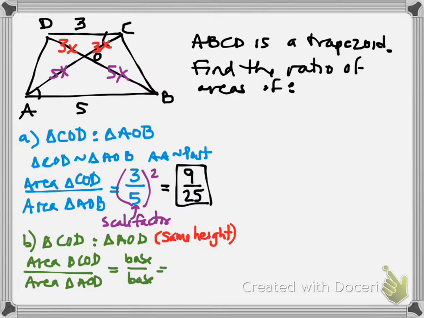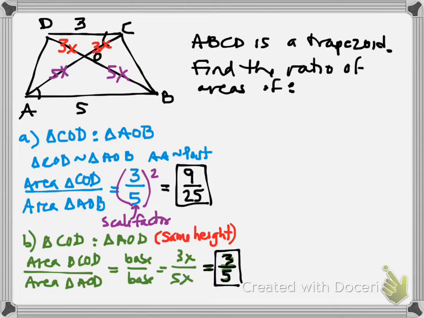So the base of COD in this particular case would be a 3x, and the base of AOD would be a 5x. So it would give me a 3 to 5, excuse me, ratio.